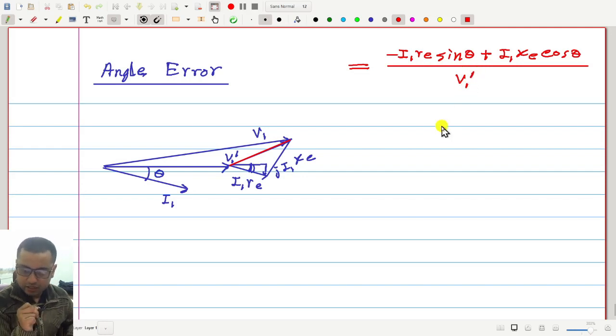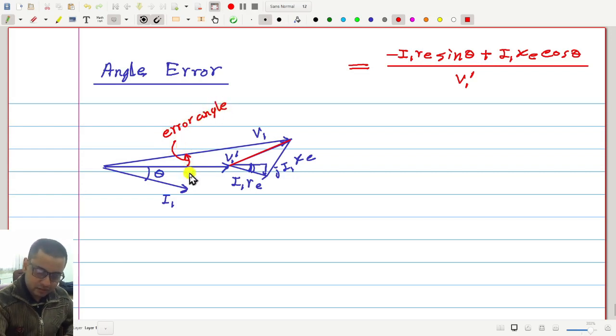And with this convention, I am actually measuring the angle in this direction.